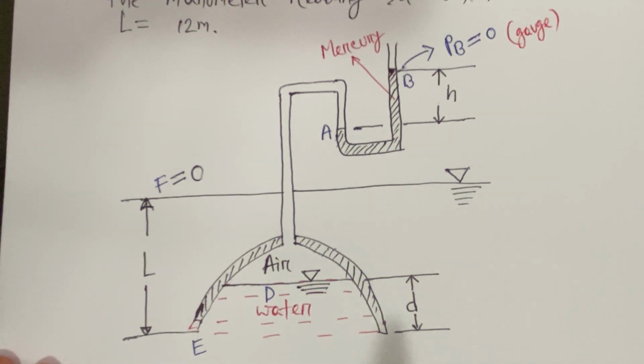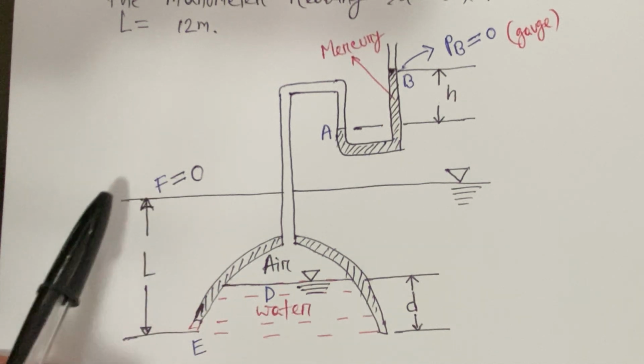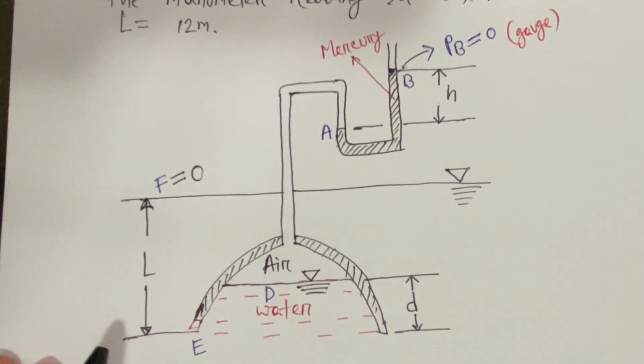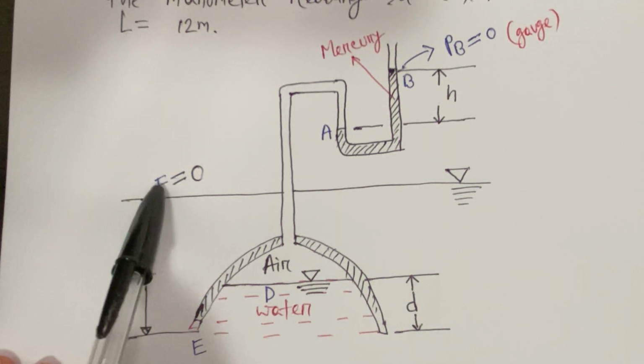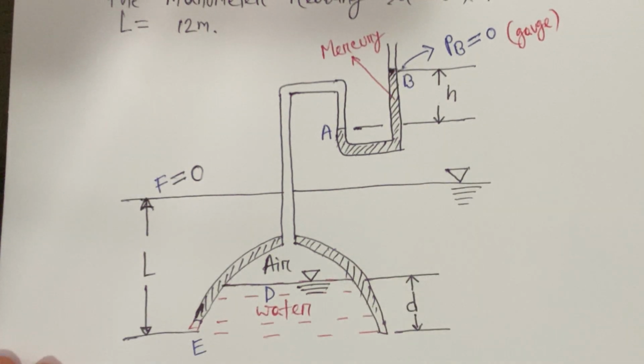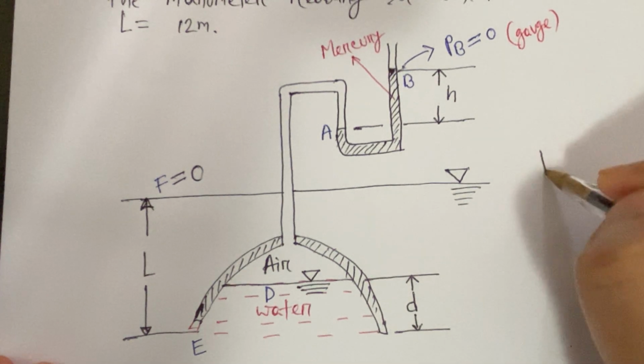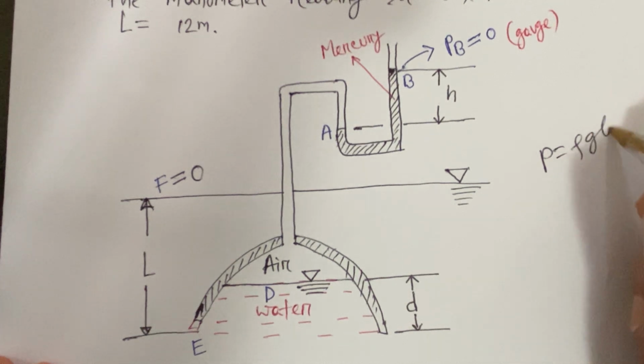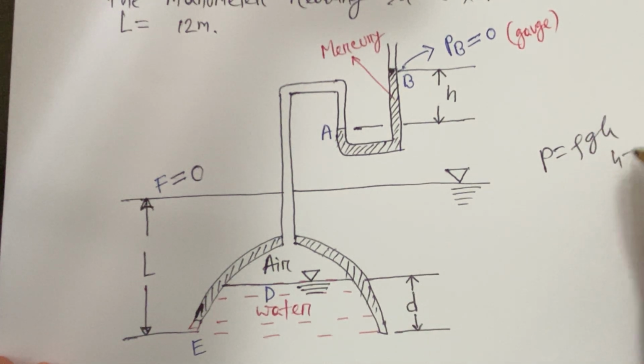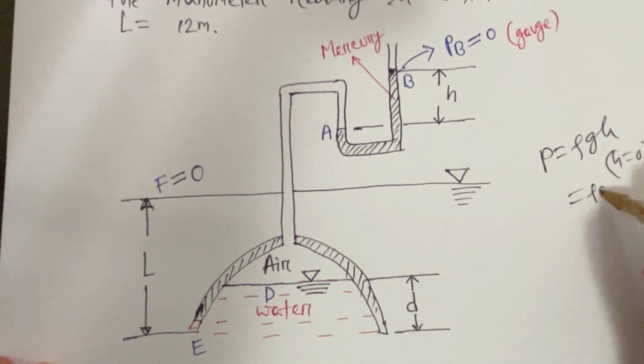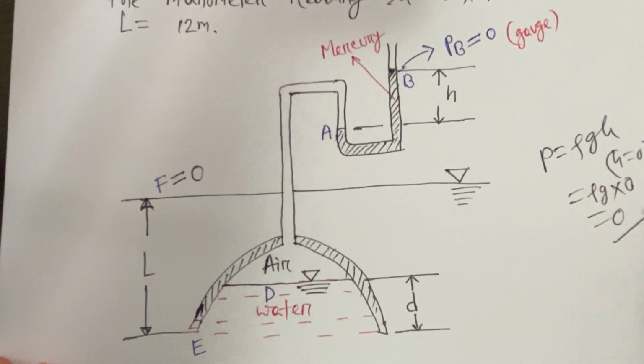You already know that pressure is directly proportional to the height above the water surface. So what is the height here? If H equals 0, you already know pressure P equals rho g H, so it is rho g into 0, which should be 0.